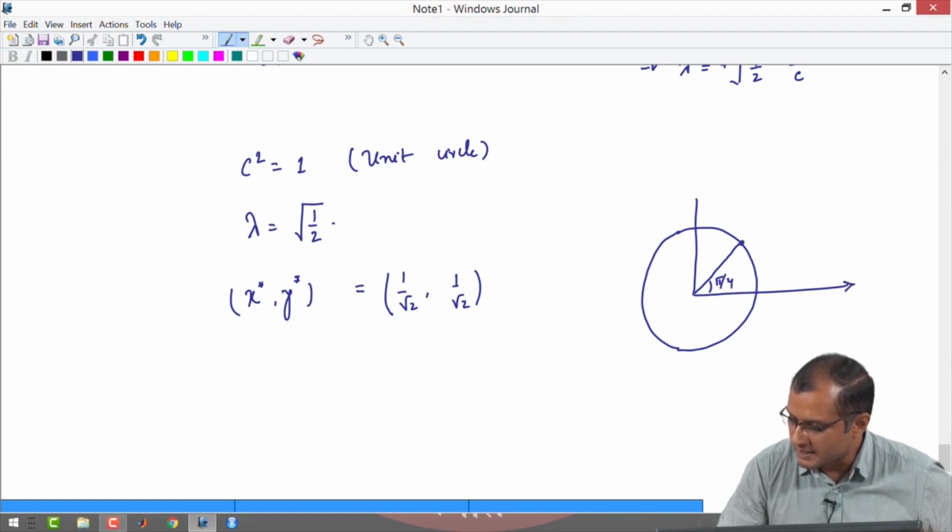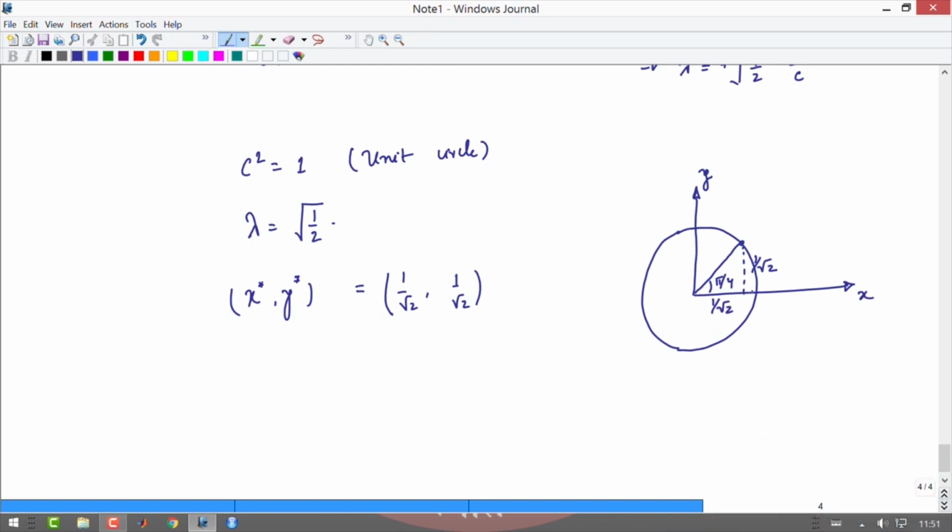So, this was the x axis, this was the y axis, this would have been 1 upon square root 2, this would have been 1 upon square root 2. The sum of x plus y at x equals 1 upon square root 2 and y equals 1 upon square root 2 is the maximum, which is nothing but square root 2, okay, which is more than 1.